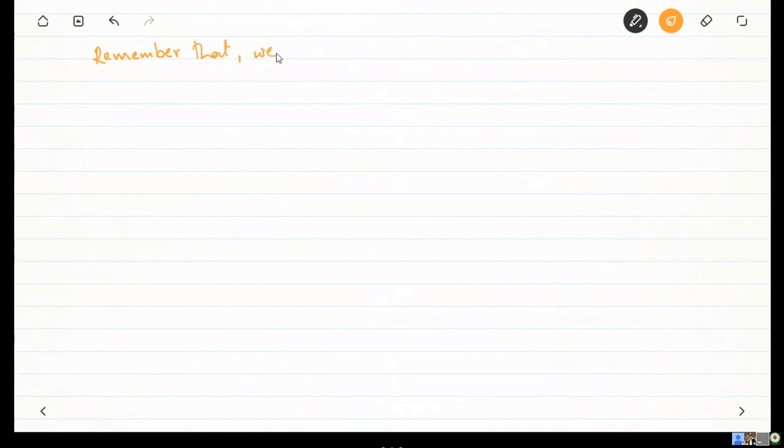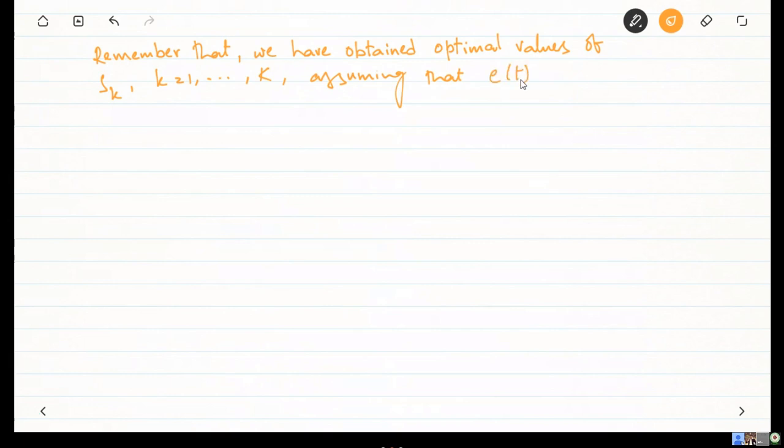Remember that we have obtained optimal values of sk, k equal to 1 to capital K, assuming that e of t is orthogonal to phi n of t.